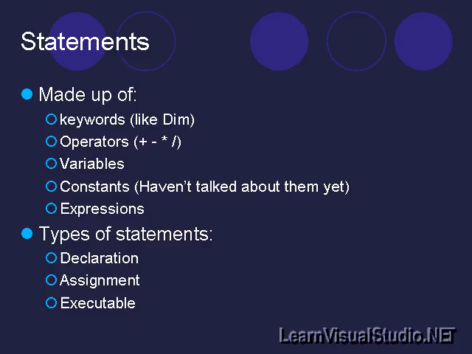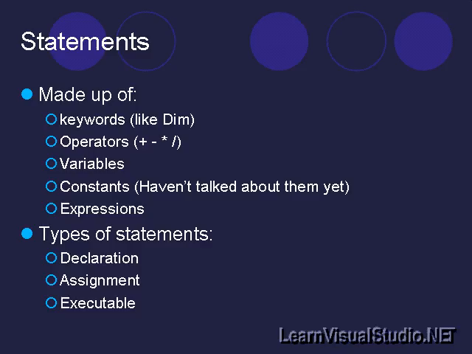Now, basically statements are made up of keywords, operators, variables, like we talked about before, constants, which we haven't talked about, and expressions. And so there's a bunch of different types of statements, or in other words lines of code, that you can create. You can create a declaration statement, and that's what we talked about before, Dim x As Integer.